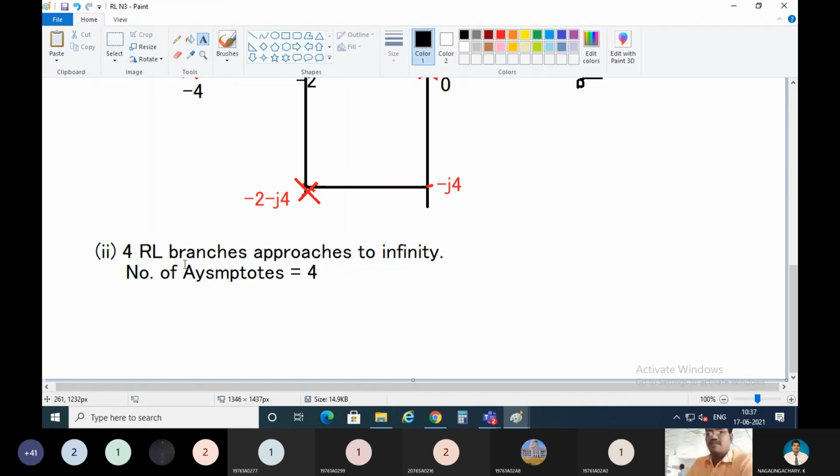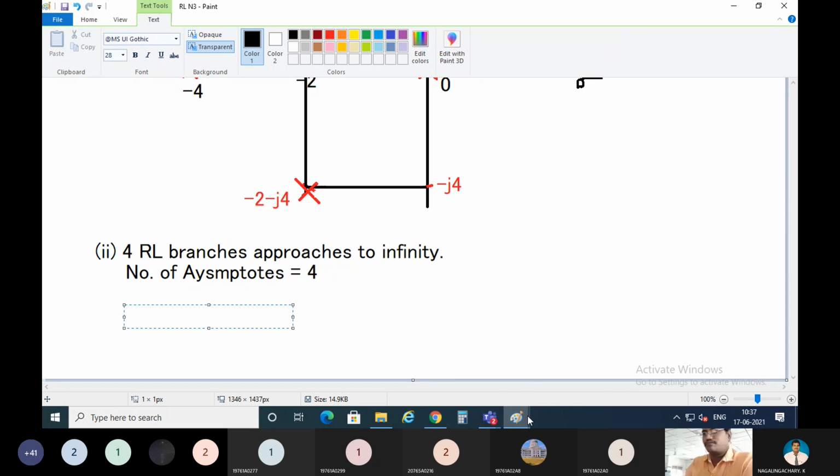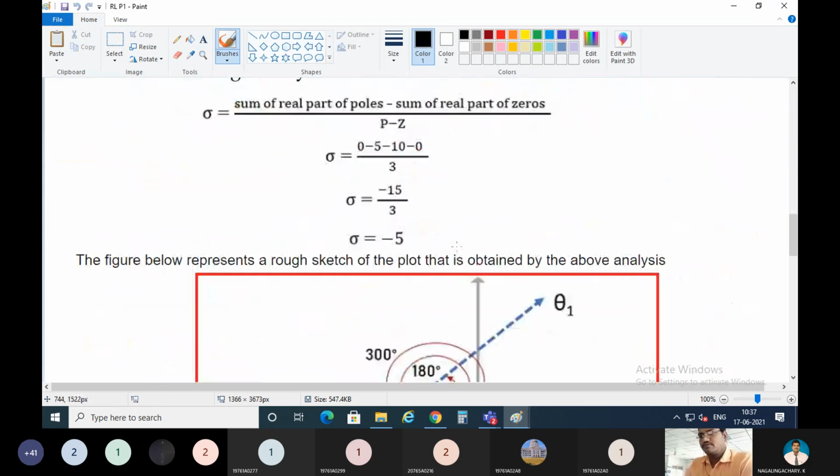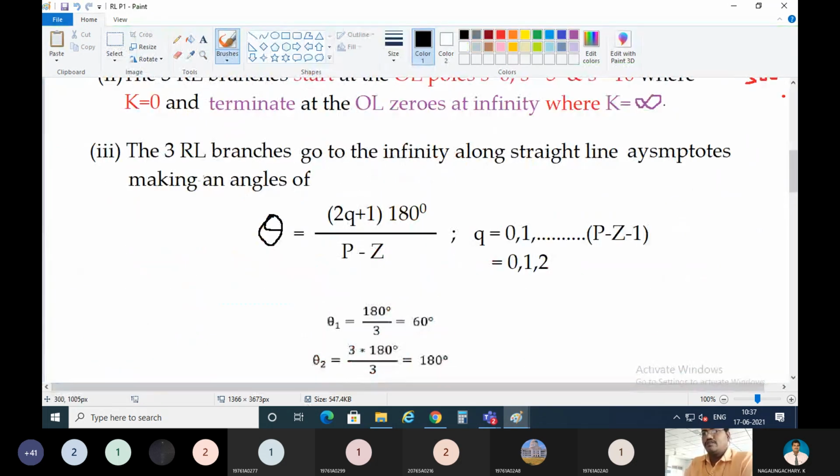So number of asymptotes is 4, so now the angle of asymptote formula. These are the formulas for the angle of asymptote.